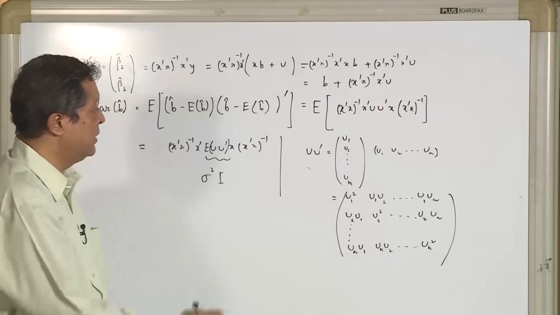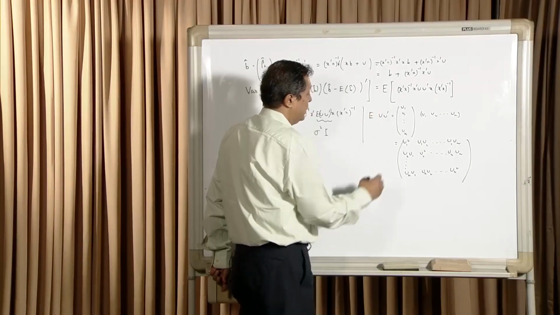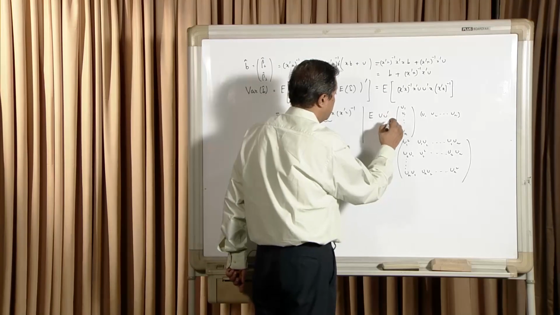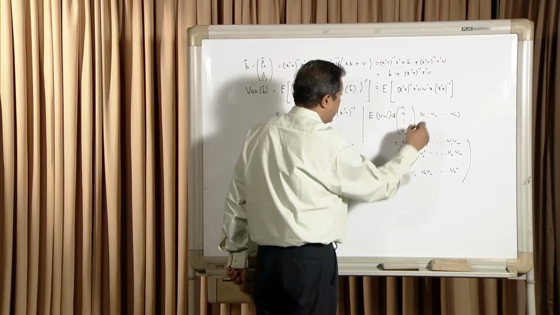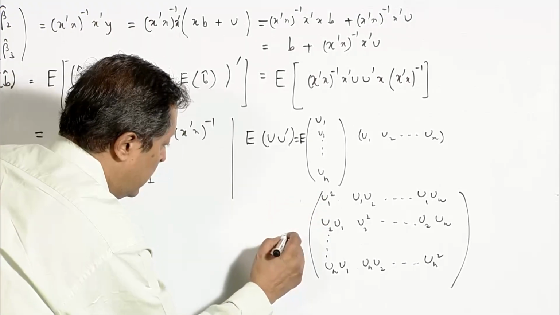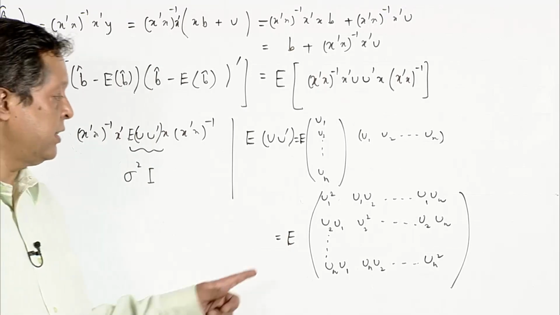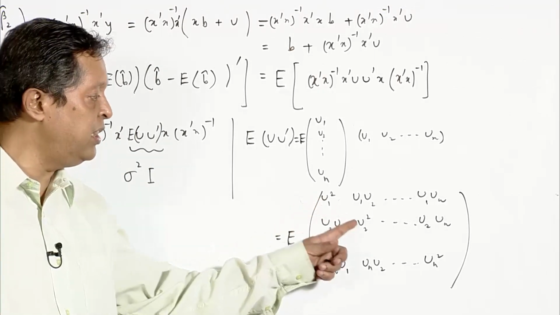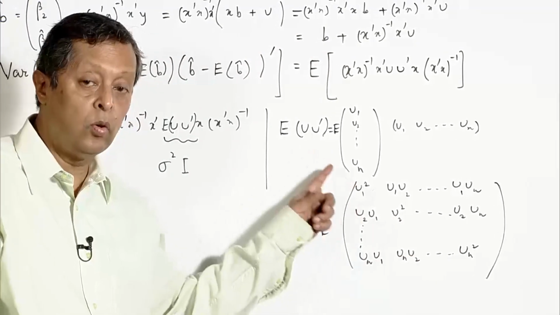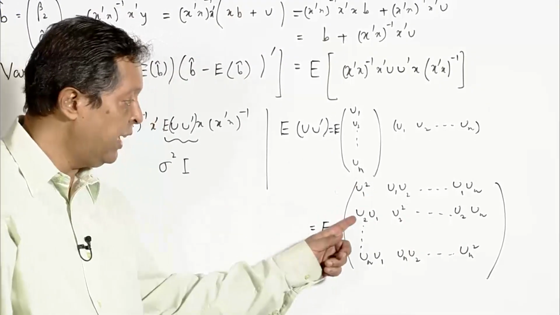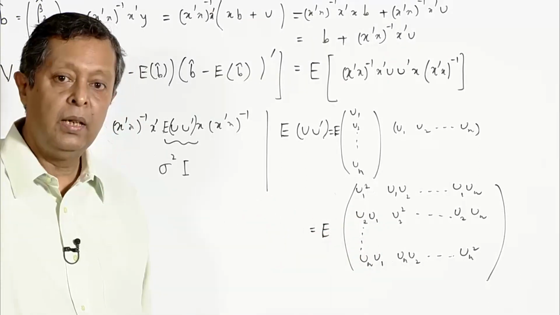Dear viewers, now just put the expectation operator in front. So, we will have the expectation of u u prime equal to the expectation of this matrix. Recall the classical assumptions: the expectation of each ui square is equal to sigma square, homoscedasticity, and the covariance between ui and uj, i not equal to j, is 0.